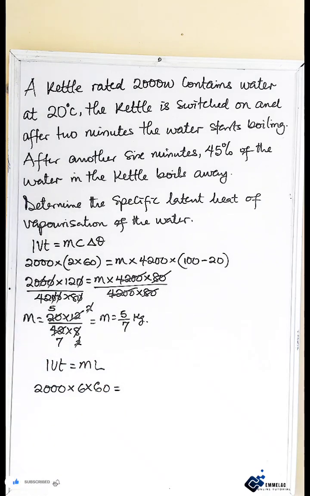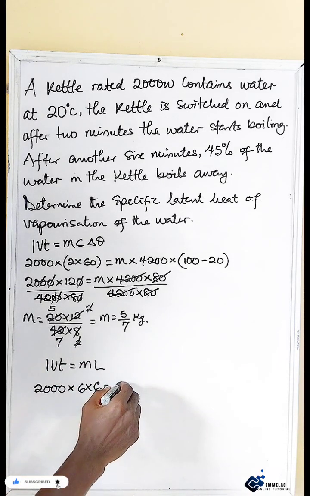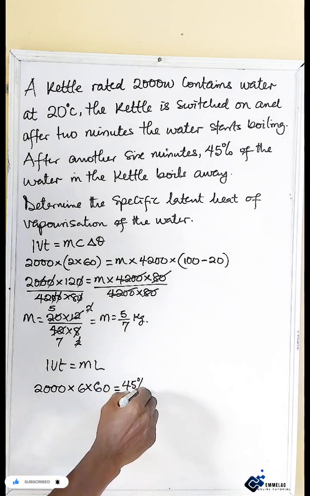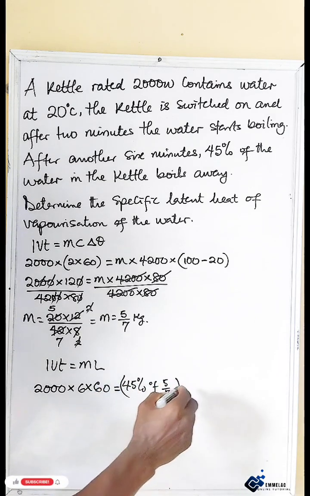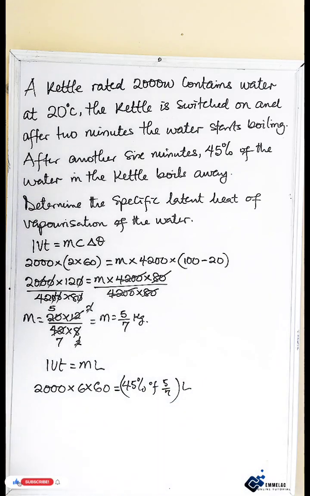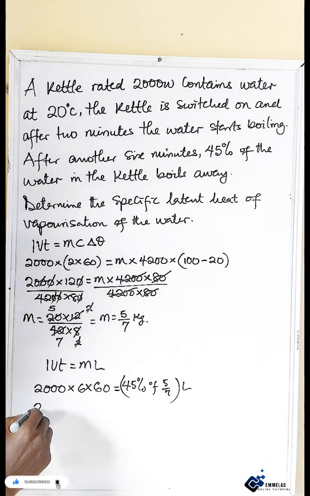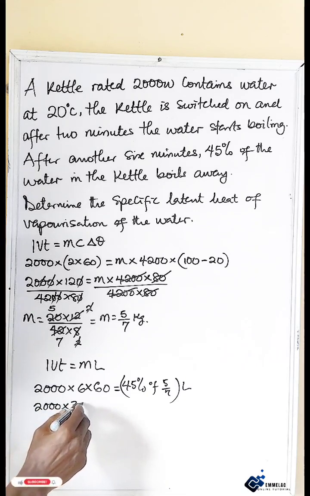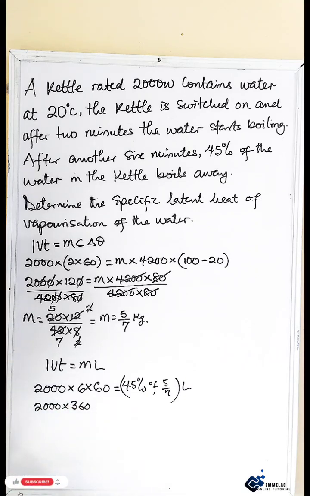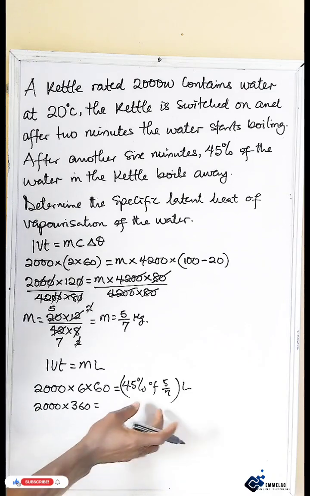So then here we have 45% of 5 over 7 times L. So here we have 2000 times 360 equals, let us quickly solve this.